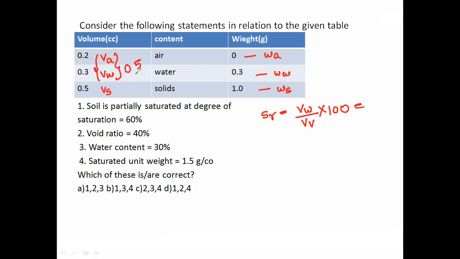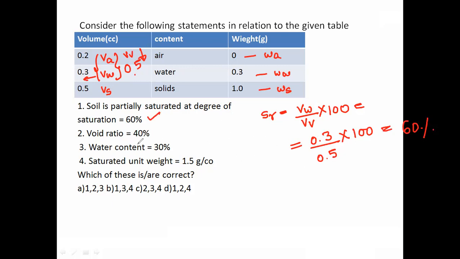Therefore, VV is 0.5, and VW is given as 0.3. So 0.3 by 0.5 into 100 comes to 3 by 5, which is 60%. So 60% is the answer, and this option is correct.